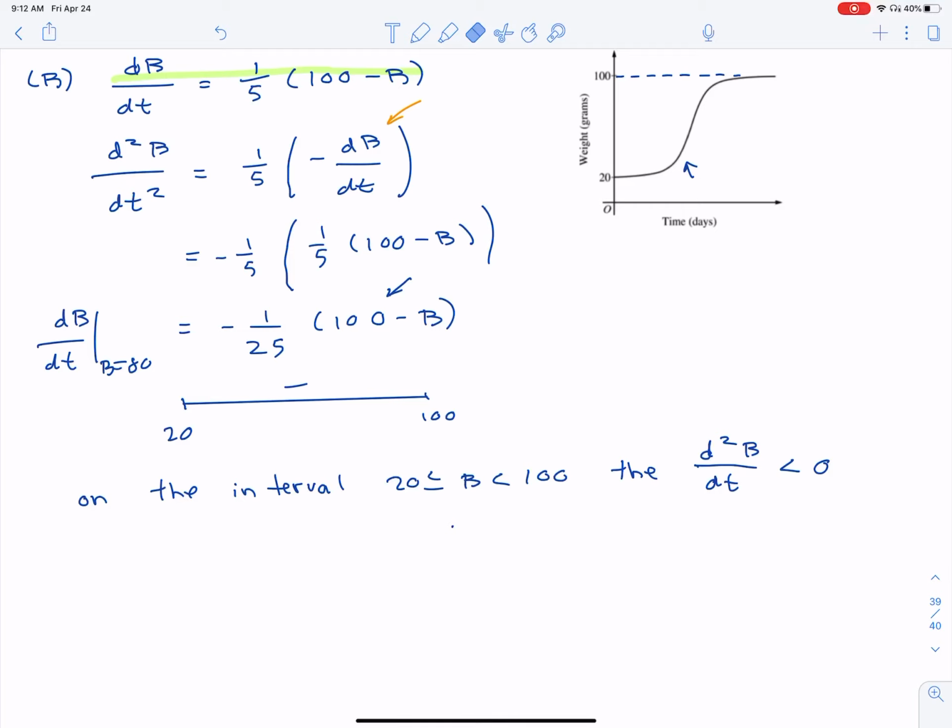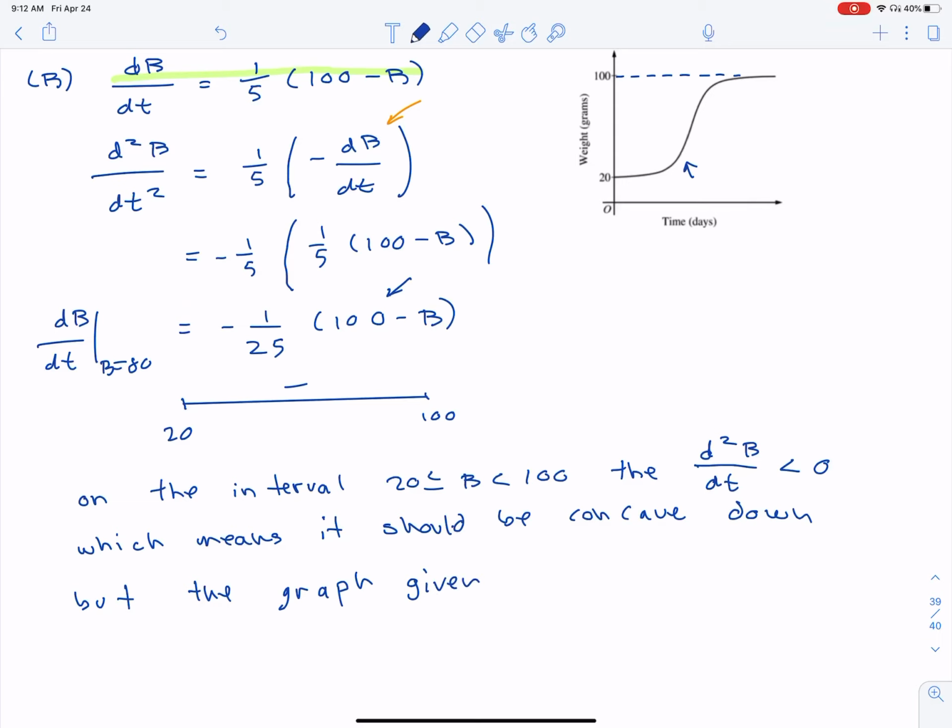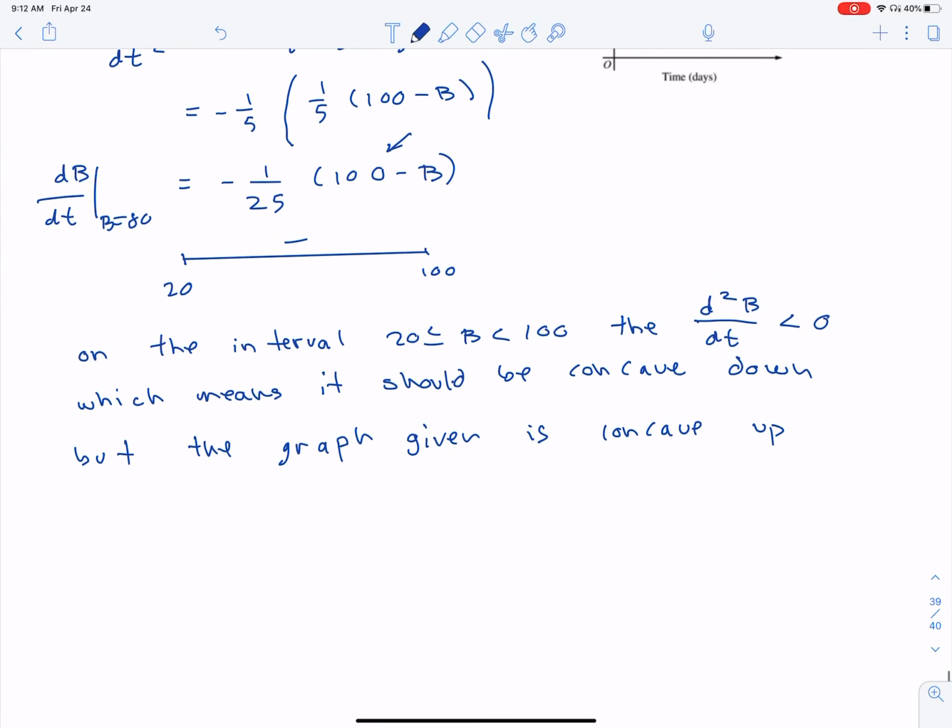So it's negative, which means I'm going to interpret what that means. It should be concave down. But the graph given is concave up. I'm going to just be on that interval. It's not a big deal, but it just feels better to me to say that.